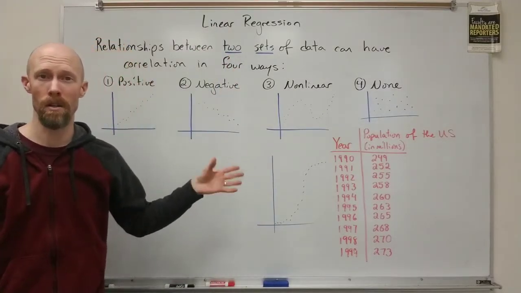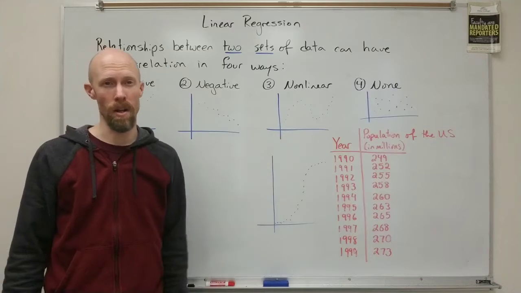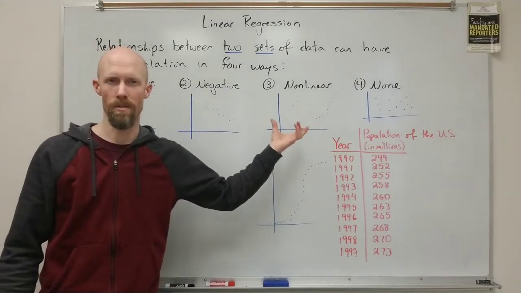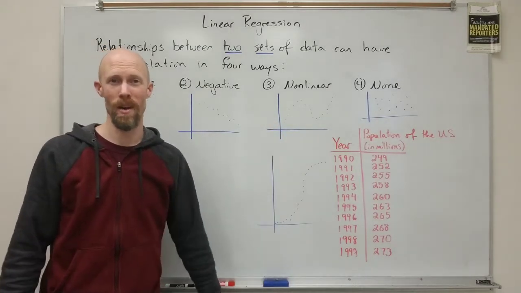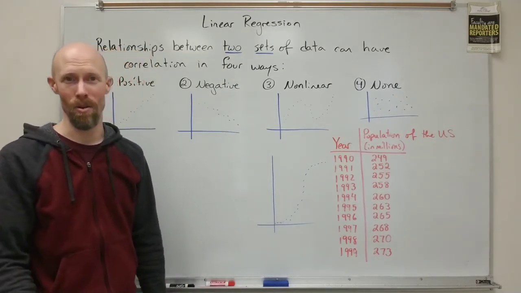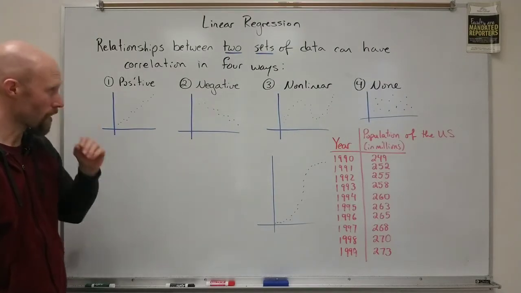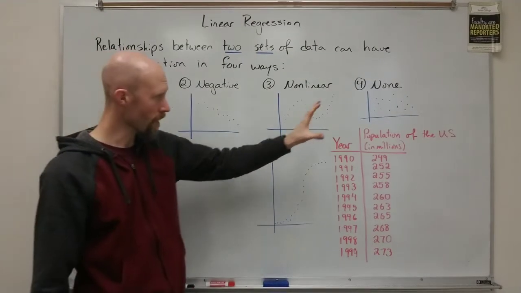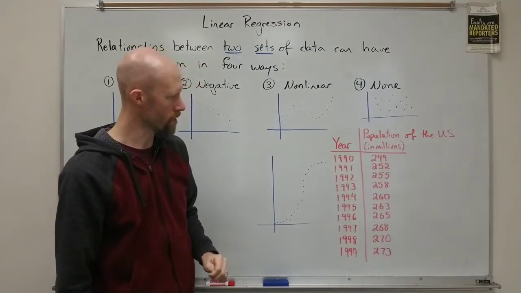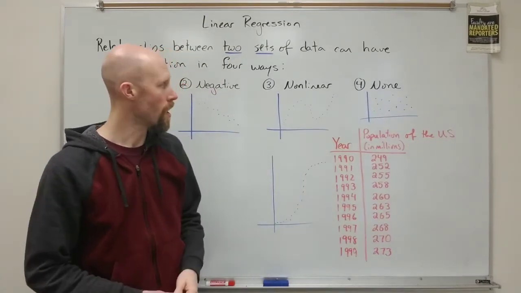It is a possibility. It does show up in very useful and practical applications, but we're just not going to deal with stuff that isn't linear because, well, we haven't dealt with linear or nonlinear functions in this course. Okay, so anyway, let's look at the positive and negative and the no correlation. And let's take a look at this set of data in particular and see what happens.